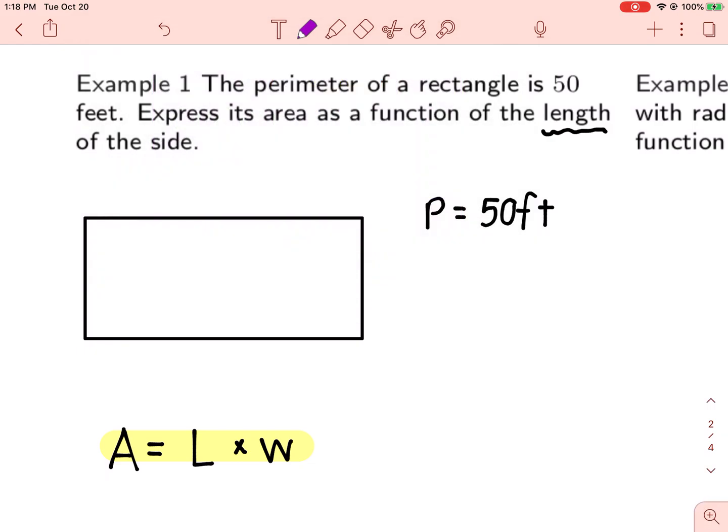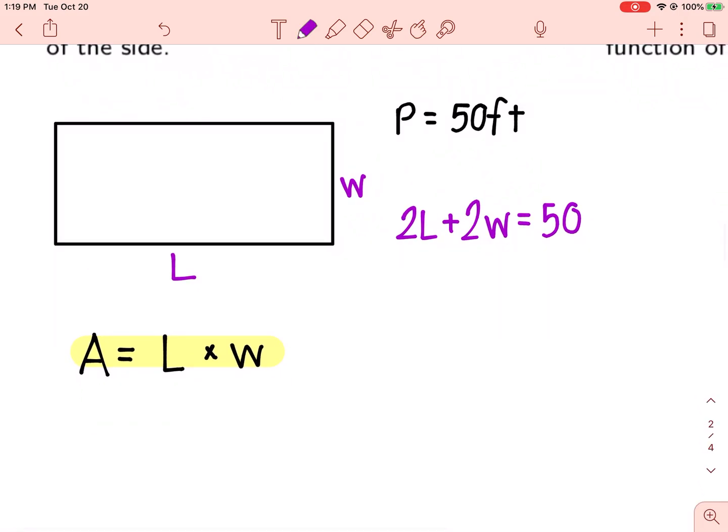Well, looking at this, here's my length and my width. If I know the perimeter is 50, I actually know that 2L plus 2W will equal that perimeter for me. Well, this is starting to look good. If I can get W by itself and substitute it in to my highlighted function, then I'm almost done. So let's try to do that. Let's get W by itself. I can get 2W equals 50 minus 2L.